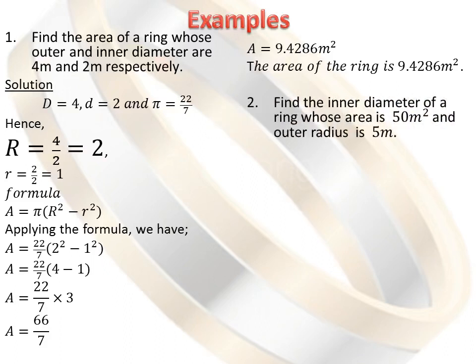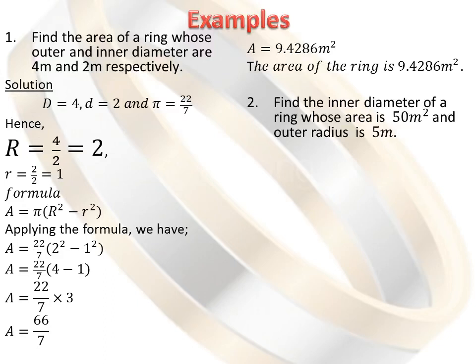Find the inner diameter of a ring whose area is 50 meters squared and outer radius is 5 meters. Here we are given the area and we are given the outer radius, but we have to look for the inner diameter. So how do we go about this?